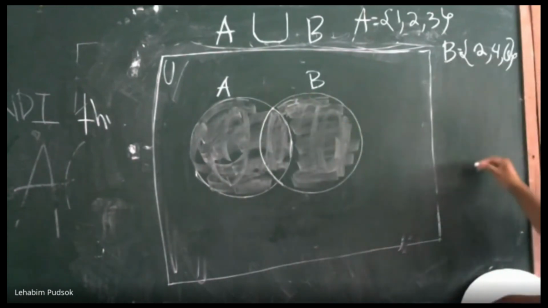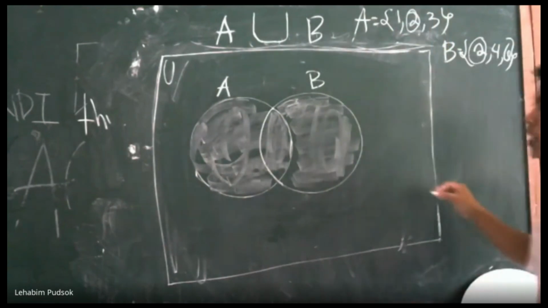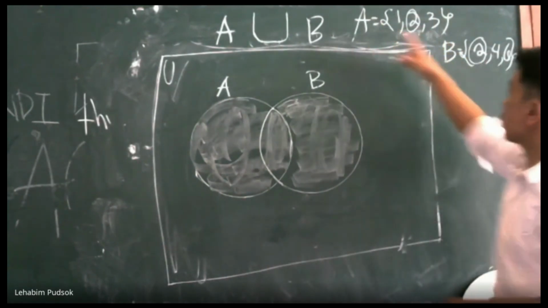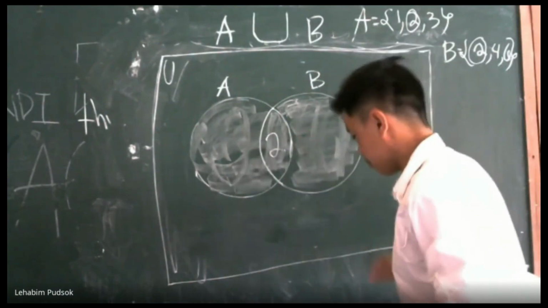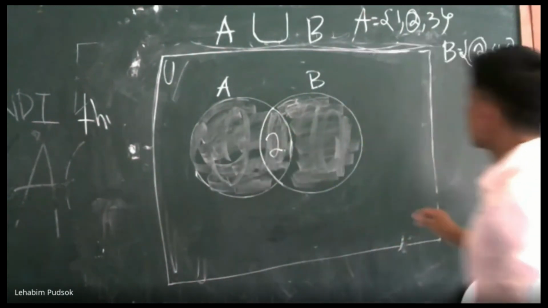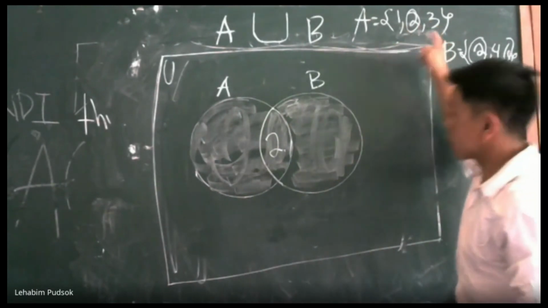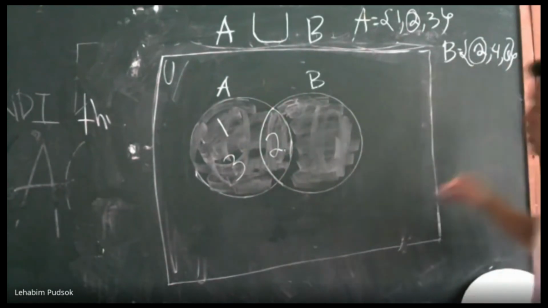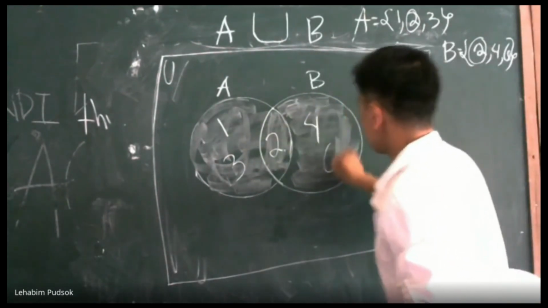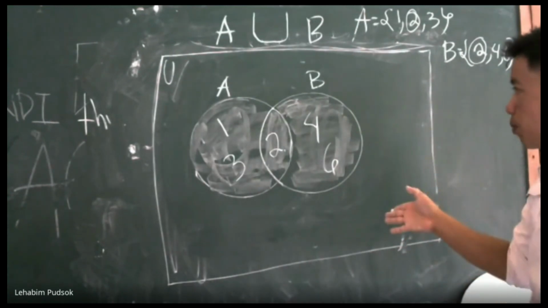The common we have is 2, element 2 from set A and from set B, so I will put it here. Next, from set A, I have 1, 3. From set B, I have 4, 6. Now, how will you interpret that relationship?